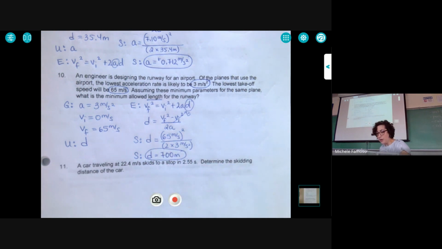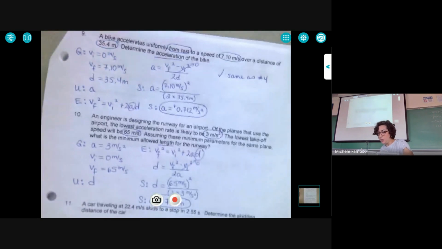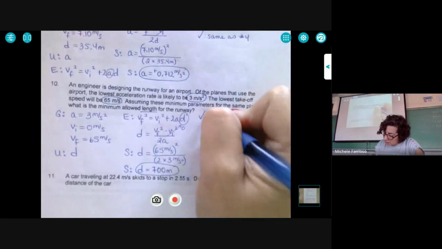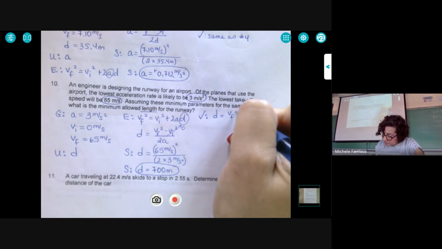Now, I don't think we've checked this equation. I know we've checked it for A, but I don't think we've checked it for D before. Let's see, have we? No, we have not. So we're going to do the dimensional analysis on this one. We're going to check D equals VF squared minus VI squared over 2A.